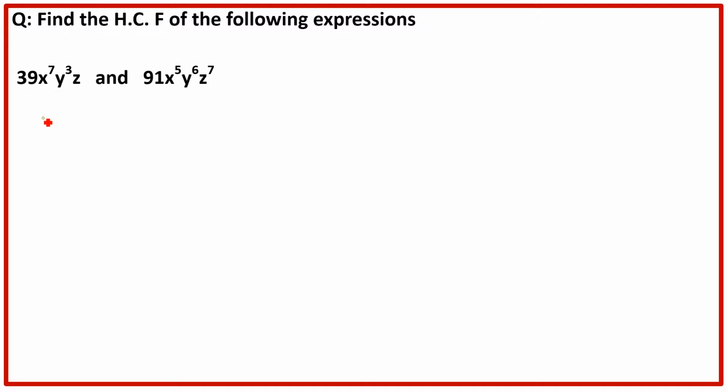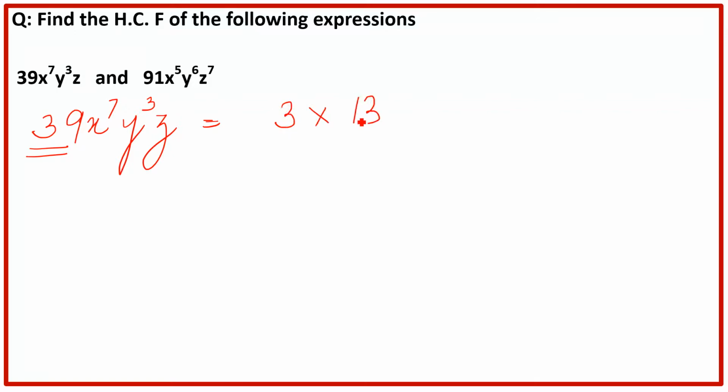It is very easy. We have two expressions. Write down the first expression and we have to make the factors of 39. Usually we make the prime factors. So here you should know the timetables. So 3 13 times, or we can say 13 3 times 39.